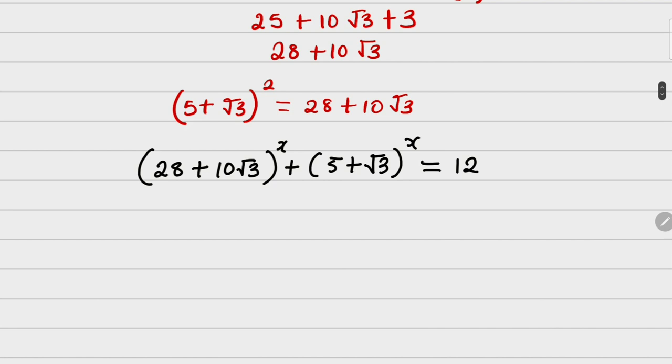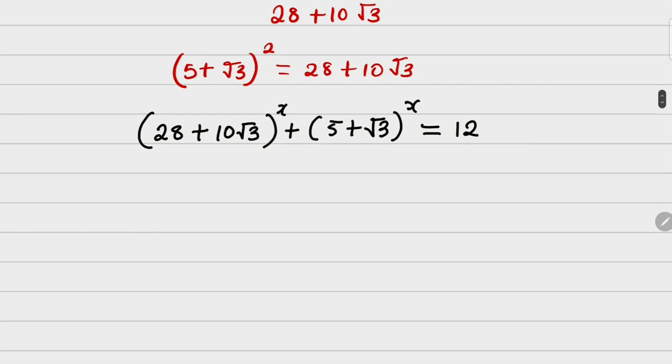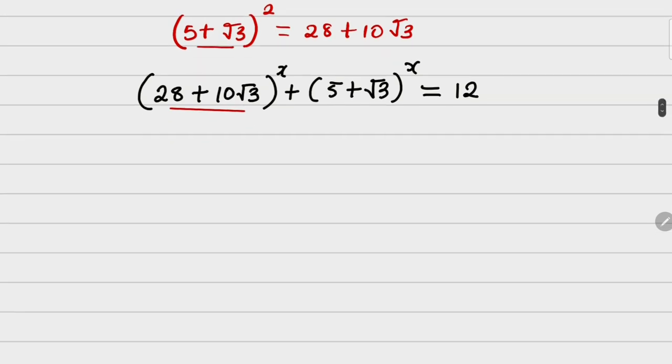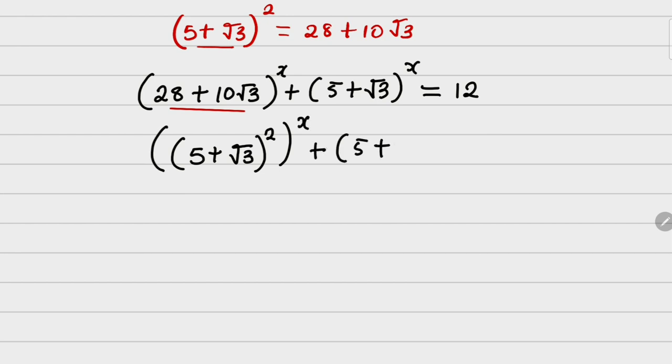Since I've seen this, I can replace the 28 plus 10 root 3 with (5 plus root 3) all squared. So instead I have (5 plus root 3) all squared, all raised to power x, plus (5 plus root 3) all raised to power x, and everything is equal to 12.